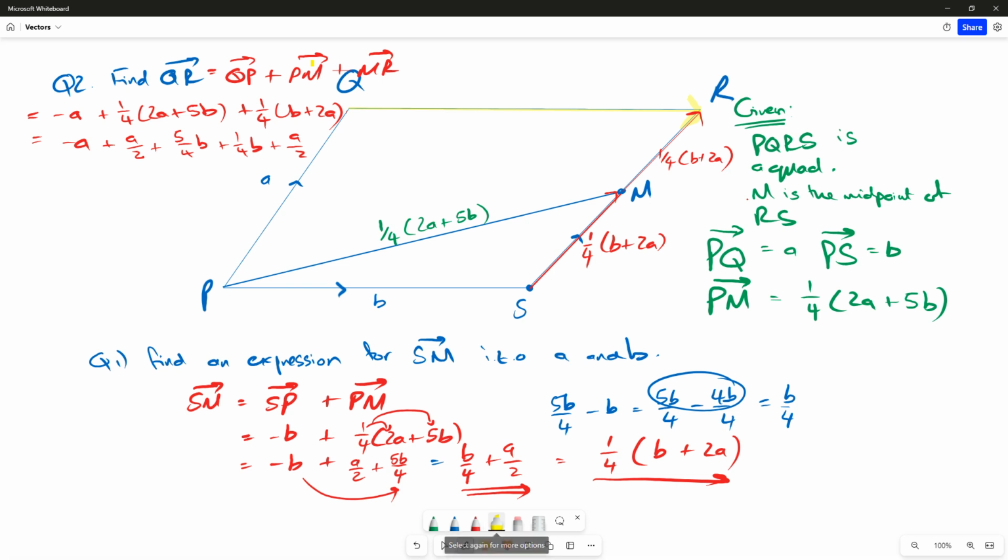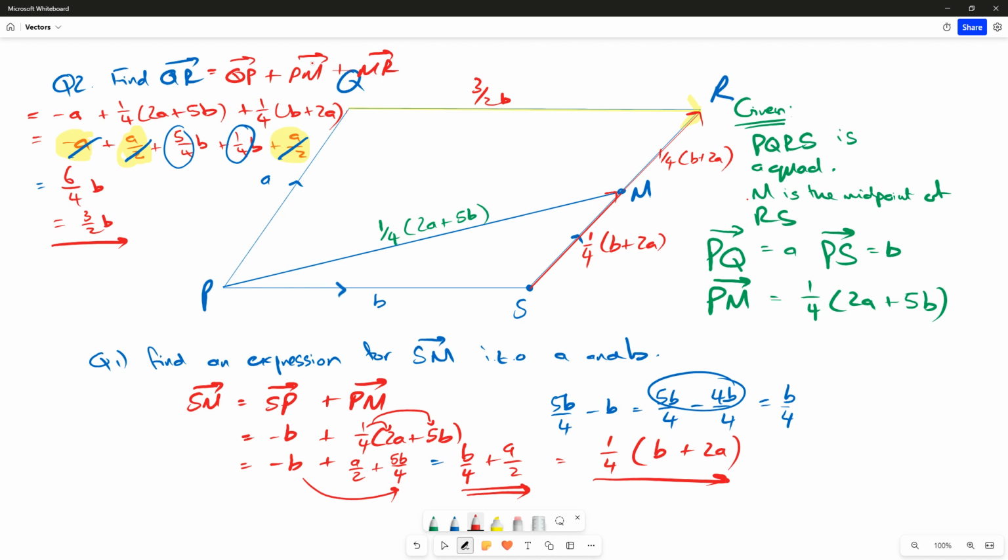Now we're going to simplify this. A over 2 plus a over 2 is a. And a minus a disappears. 5 over 4 plus 1 over 4 is 6 over 4 b, which is 3 over 2 b. That's my answer for question 2.